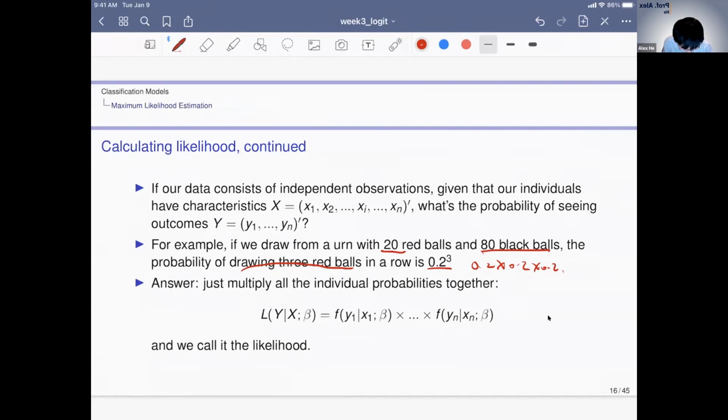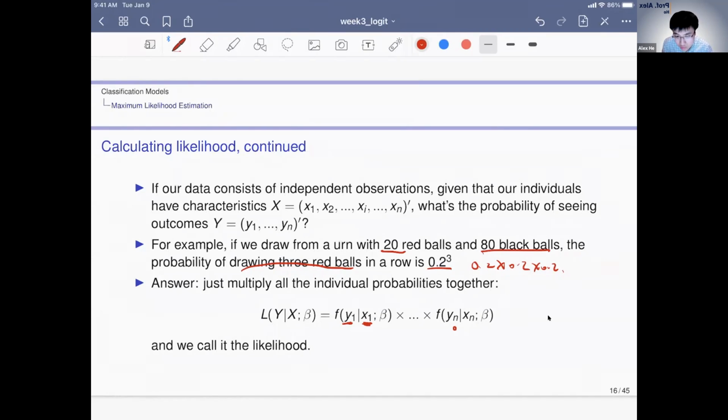Same thing here. So if you have n observations in the data, you look at the first observation, and given the x of the first observation, what is the probability of us observing y1?